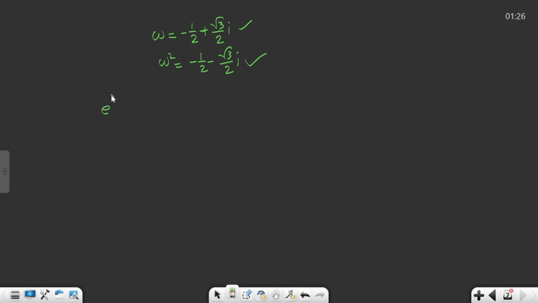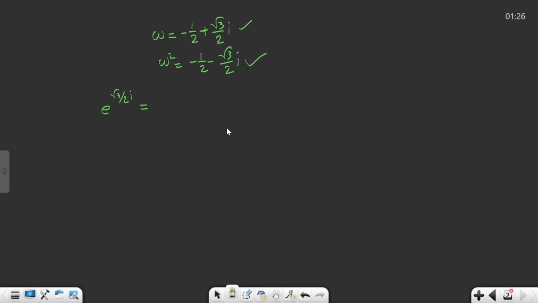Now see. We got e to the power root 3 by 2i. Now this is Euler form. This is the Euler form of that complex number whose modulus is equal to 1. Right? So we should convert this to polar form. How will we do it? It's very simple. So here what is the argument, can you say?